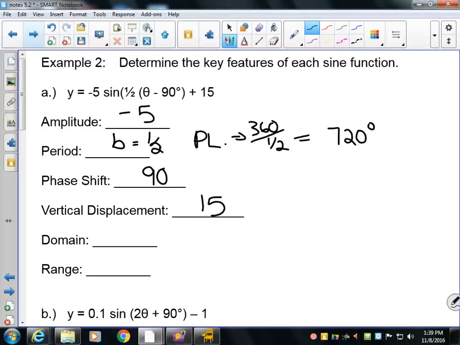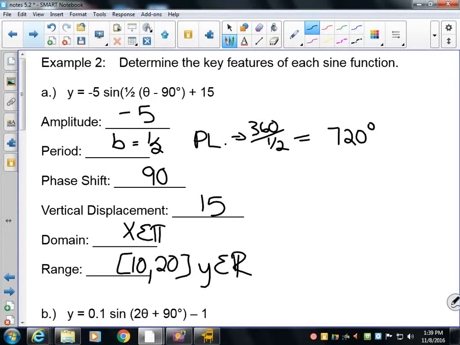So between 15, we're going down 5 and up 5. Oh, that'll be your range, right? So our range is going to be between 10 and 20. Y is an element of the reals. But what's our domain? They'll continue on forever unless they tell you a certain domain they want to stop by, right? So we can say our domain is just x such that x is an element of the reals.